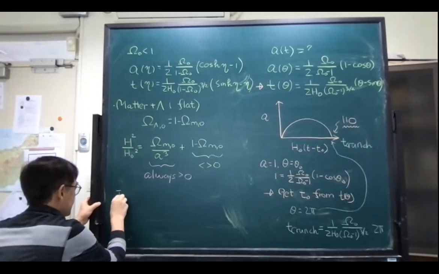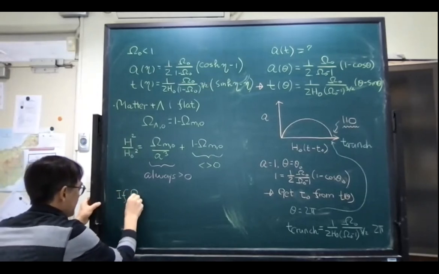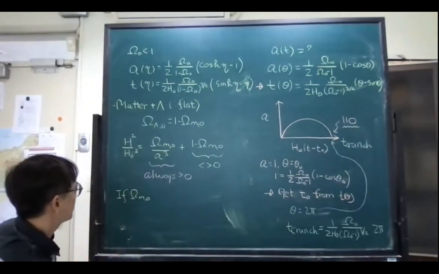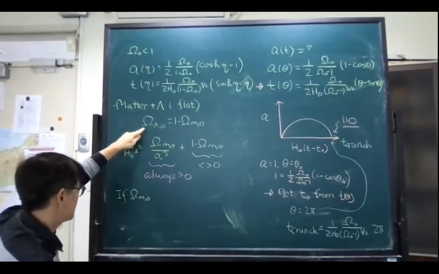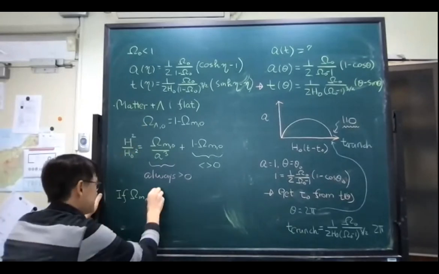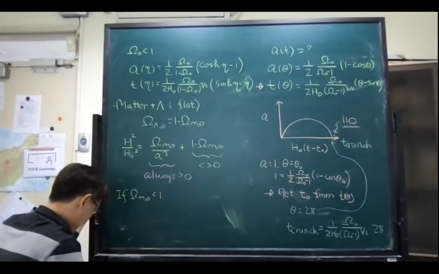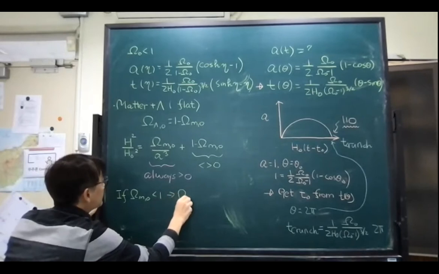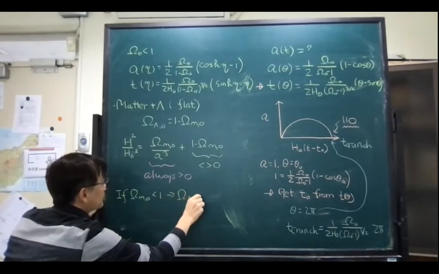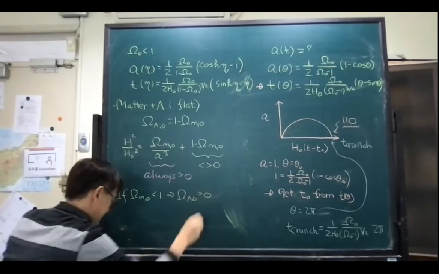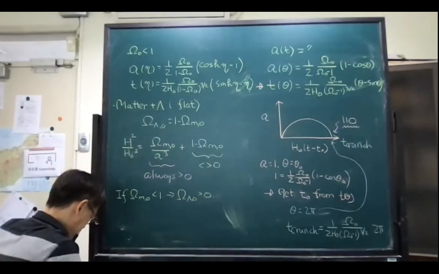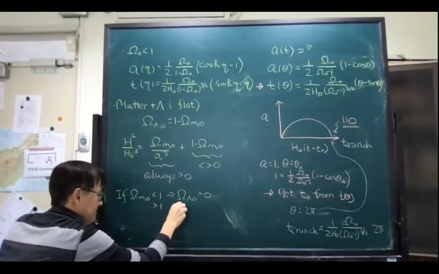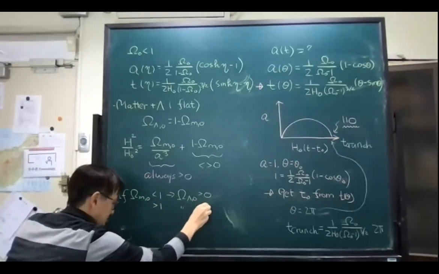If omega is simply stating basically this. If this is less than 1, this means, of course, omega lambda 0 should be greater than 0. And if this is greater than 1, this is less than 0.